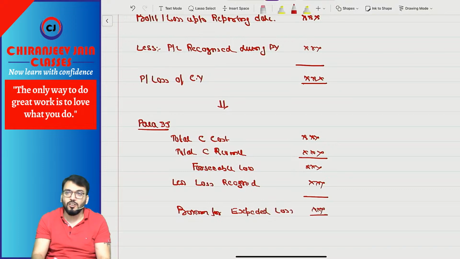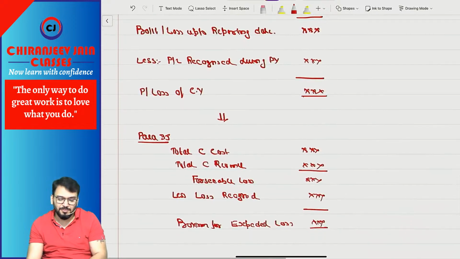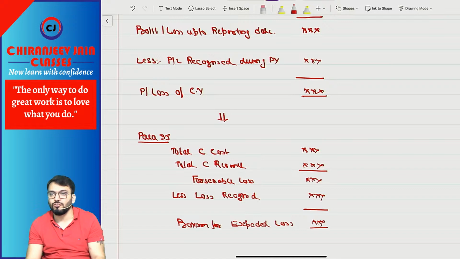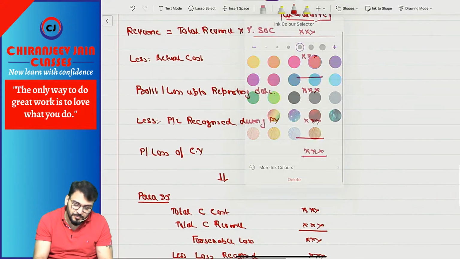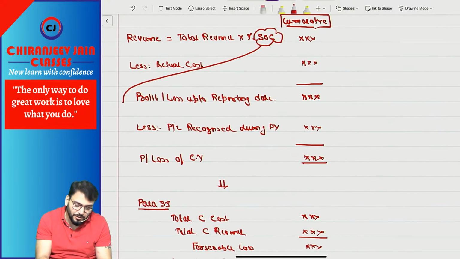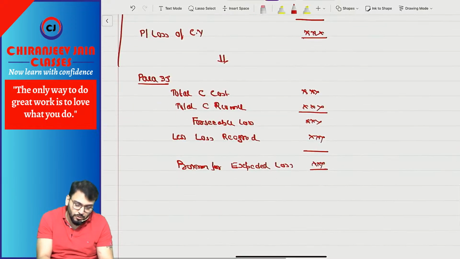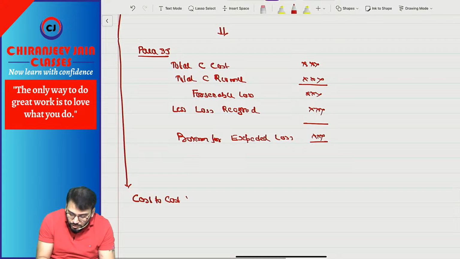This provision for expected loss will also be recognized in P&L. I am just giving it from the examination point of view, what we are supposed to do. Now this stage of completion will be calculated using what? Cost to cost method. We apply the cost to cost method on a cumulative basis.